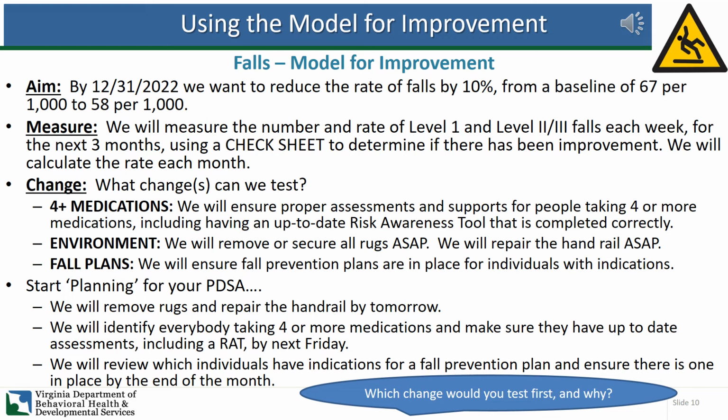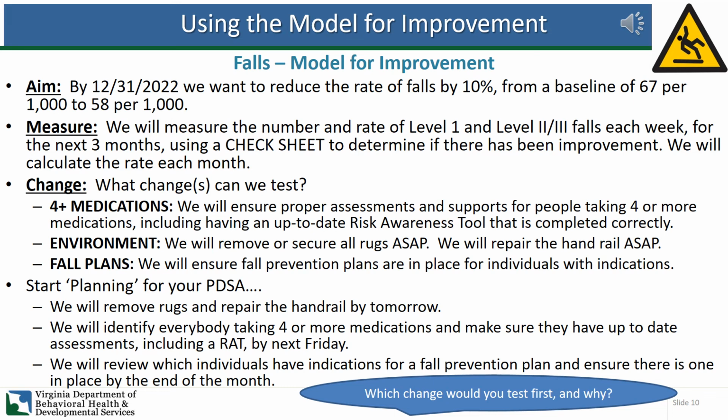We've identified several changes that we want to test. First, we want to address our most prominent or prevalent cause of people with more than 4 medications falling at a high rate. So we want to ensure proper assessments and supports are in place for those people taking more than 4 medications, and make sure that they have an up-to-date risk awareness tool that is completed correctly.